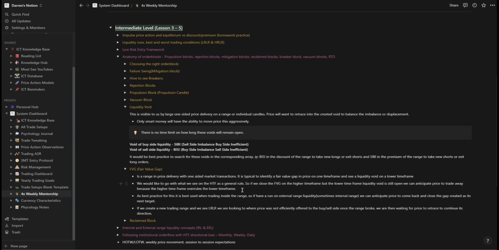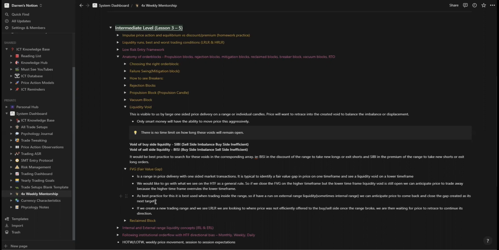So if, for example, you've ever marked out a 4 hour liquidity void, but price closes the small little fair value gap on the daily, there's this huge 4 hour liquidity void that's not filled, but the daily has closed its fair value gap and price blasts away, it is because the higher time frame overrules the lower time frame.